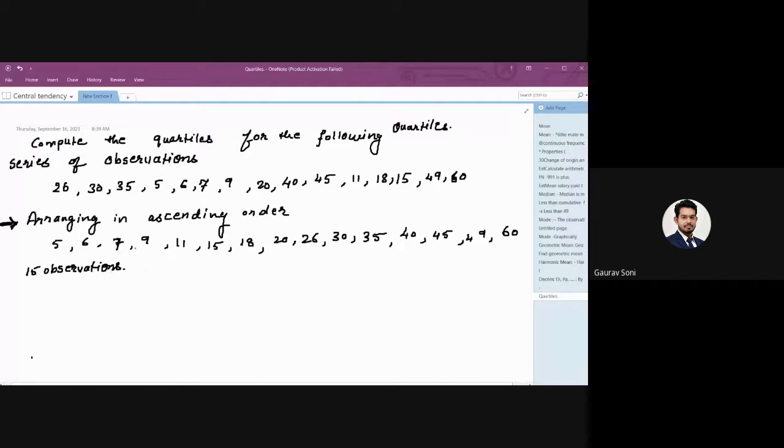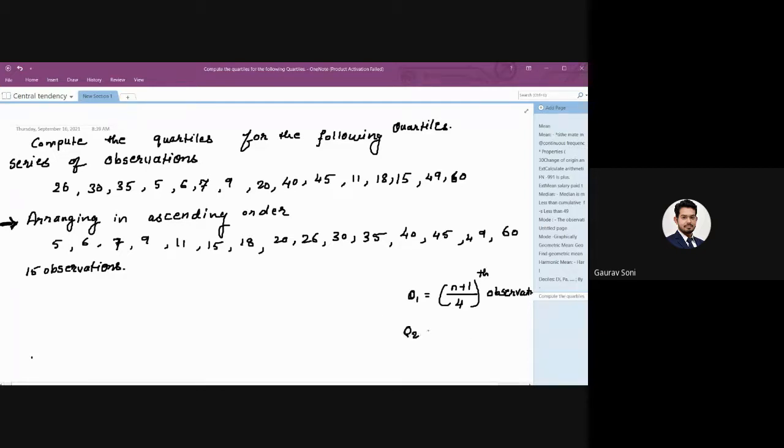You can write down: this is the quartile calculation when raw data is given to you. You just have the observations, and no processing has been done on this data. So for Q1, it is the (n plus 1) by 4th observation.